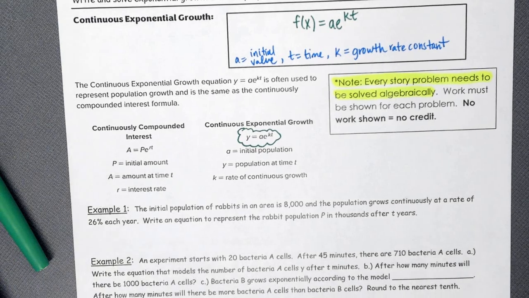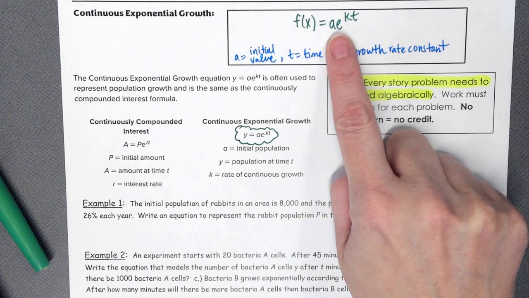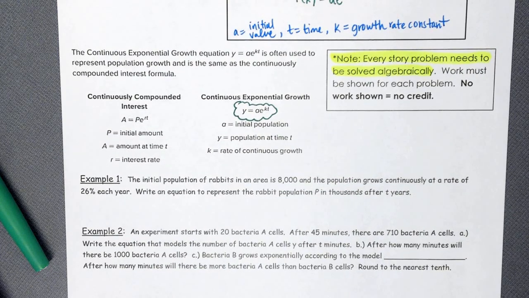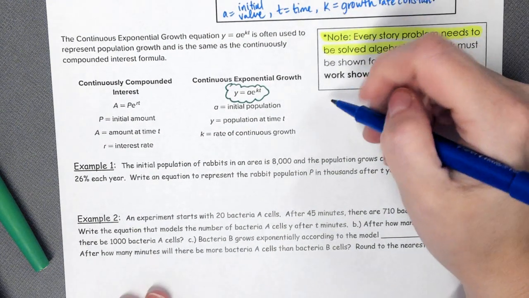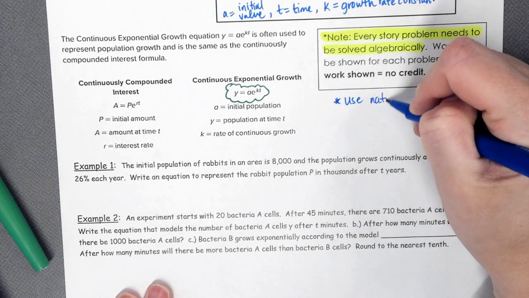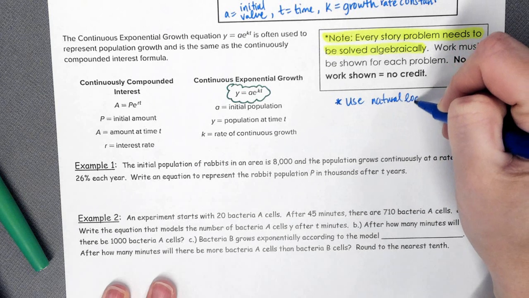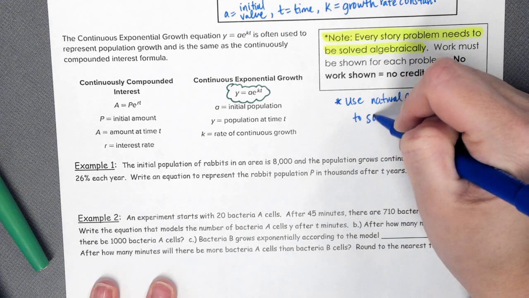And in particular, because we're using e, what is the inverse for e? Yep, the natural log. So today we're going to be using the natural log, ln, to solve.